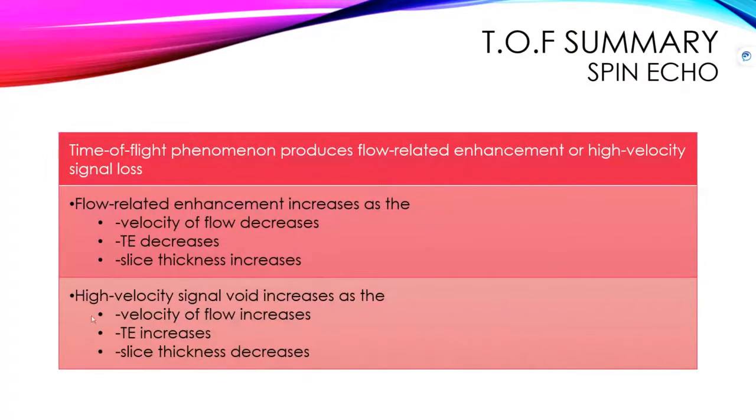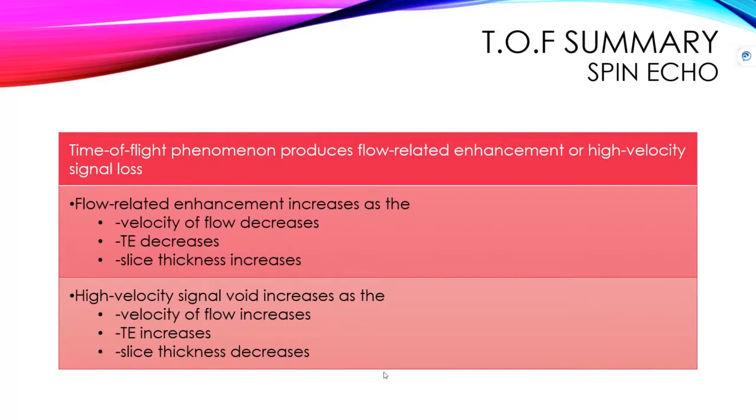So this is kind of a summary of what we just talked about in chart form for spin echo. With flow-related enhancement, which means you are enhancing the signal and actually creating a signal from it, you want to make sure that your velocity of flow is decreasing. Now of course you can't do anything about it, but as the velocity of flow decreases, you're going to be able to excite and rephase those spins.